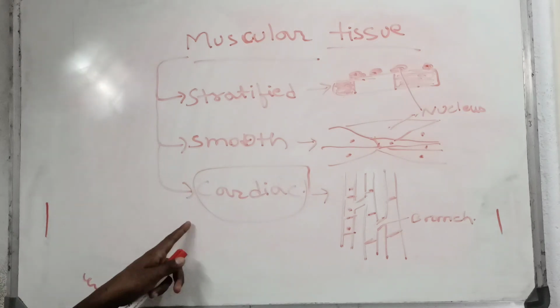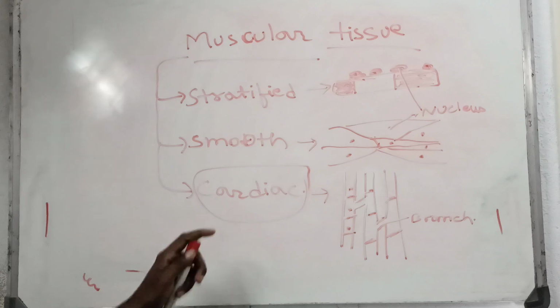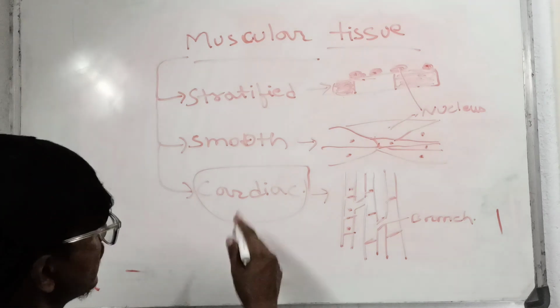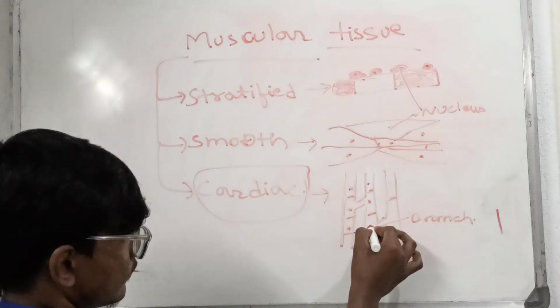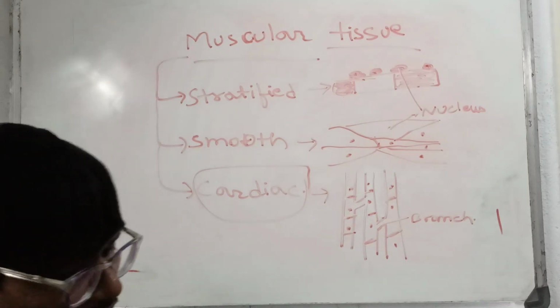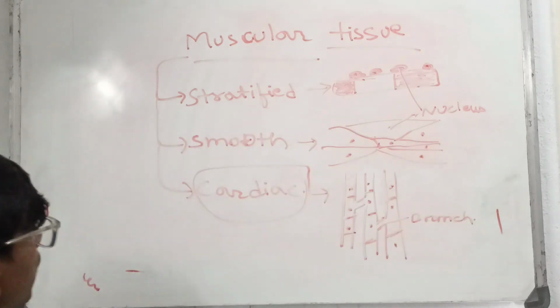The third type you already know where it is present, this is cardiac tissue. So this is present in the heart only, okay, and this will be uninucleated just like the smooth muscles. So these are the types of the muscular tissue, okay.